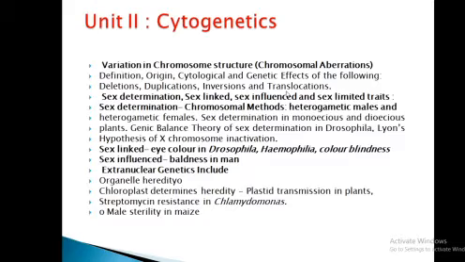In this chapter, we correlate the structural aberrations with the genetic effect, that is, how the aberration leads to improper functioning of different proteins or functional genes that affect the physical parameters.